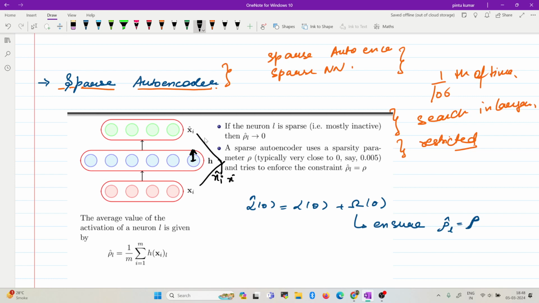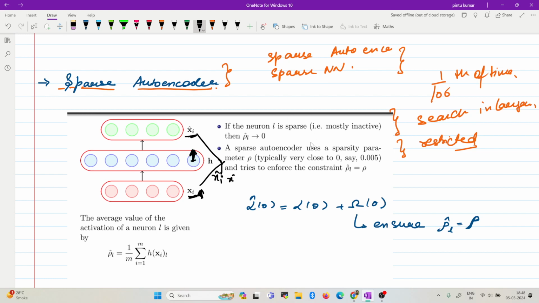So it will try to optimize a combination of these. So what will happen in this process is, the only way xi can reach xi hat is that these neurons should pick important features from xi, and at those particular instances only it should fire.